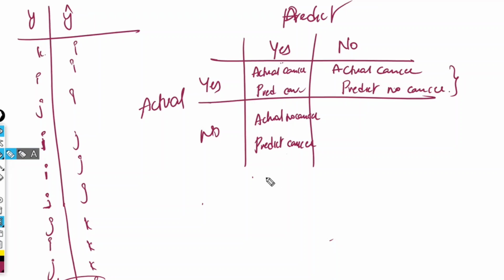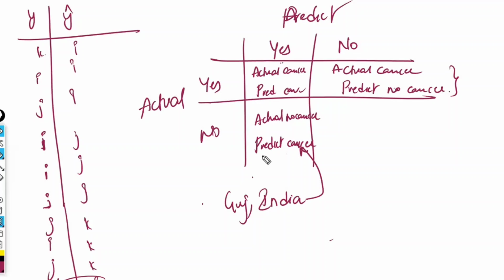Now, there is a hospital in Gujarat, in India, where they predicted a person with no cancer as a cancer patient. They gave chemotherapy and radiation, so many things they did, and his age was reduced gradually.